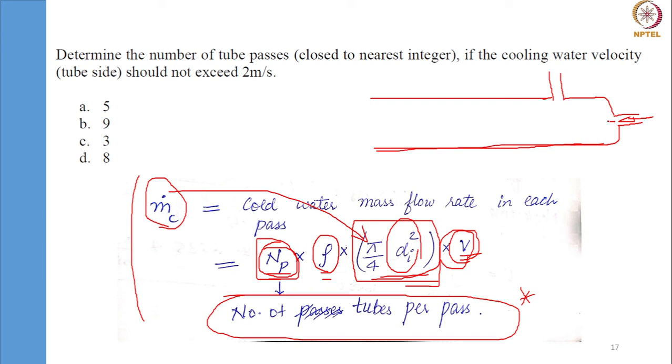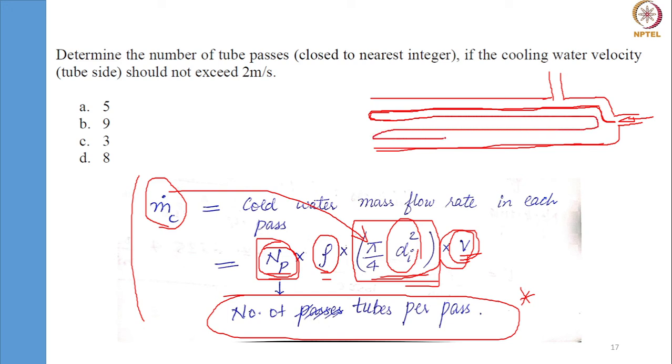So I divide, and this will be my first pass. I'm not drawing the complete cross sectional area of the tube, I'm just drawing a streamline of the water particle that I'm following. This will be my first pass, this will be my second pass, this will be my third pass, and so on, and it will go out from this.